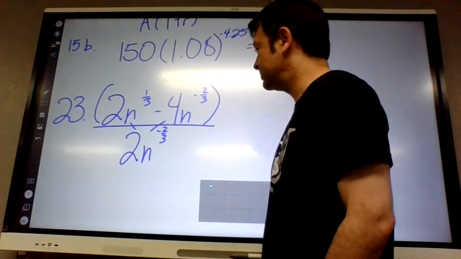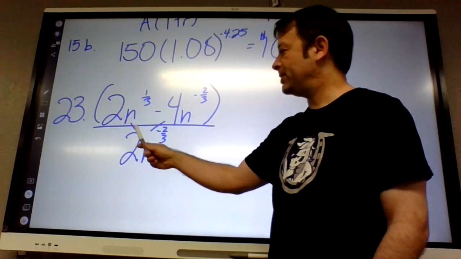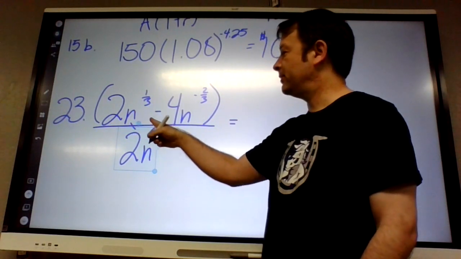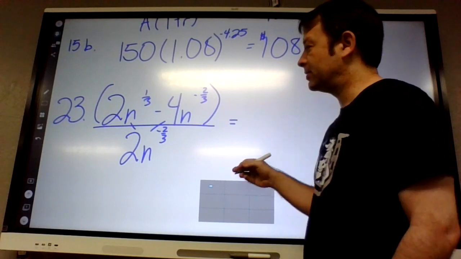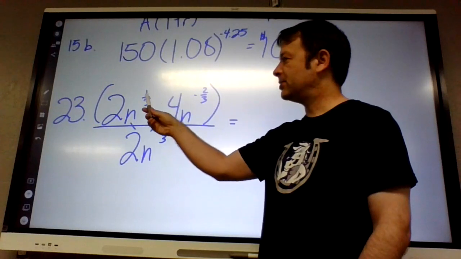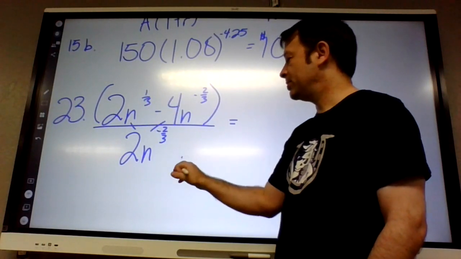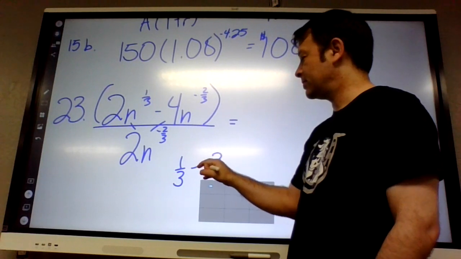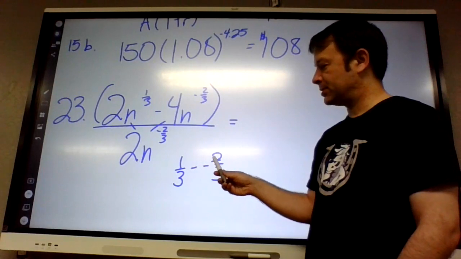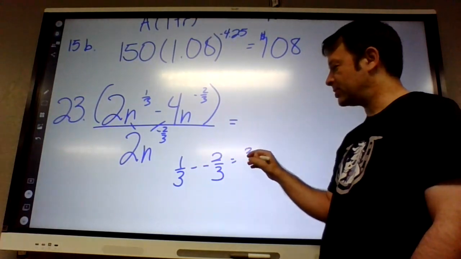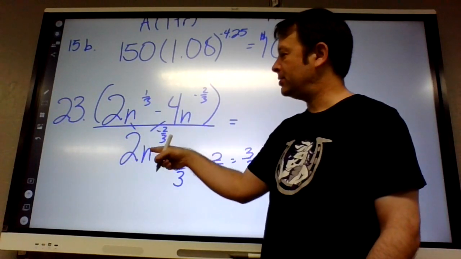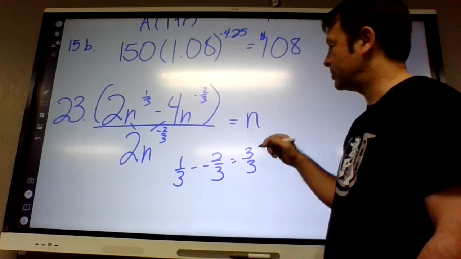So distribute. 2 divided by 2 is 1, so it kind of goes away. n to the 1/3 divided by n to the negative 2/3. What do we do with exponents when we divide? Subtract. So it's 1/3 minus negative 2/3, that'd be 1 plus 2. It's 3/3, which is 1. So it's n to the 1, or in other words, it's just n.